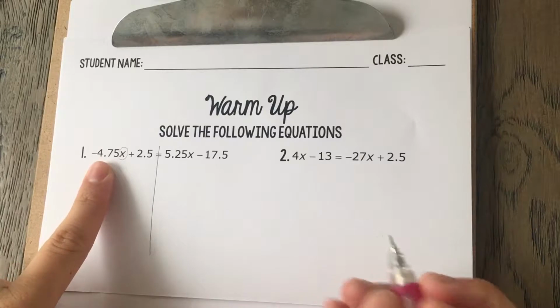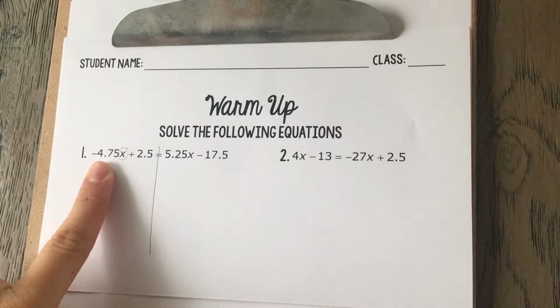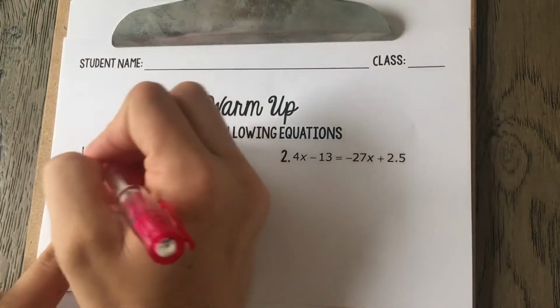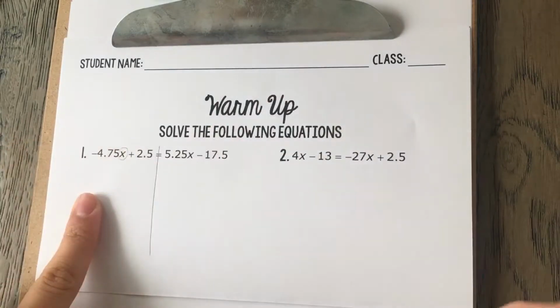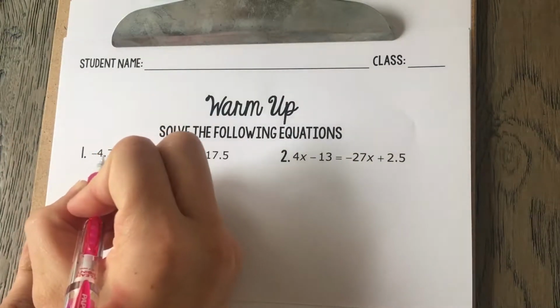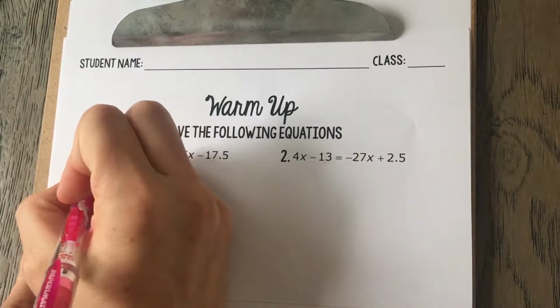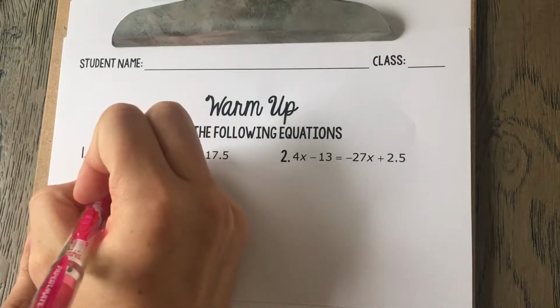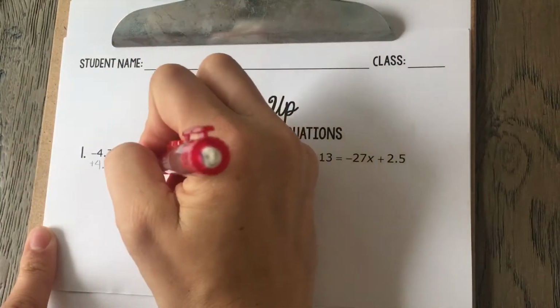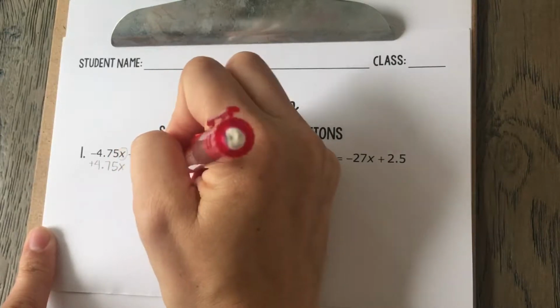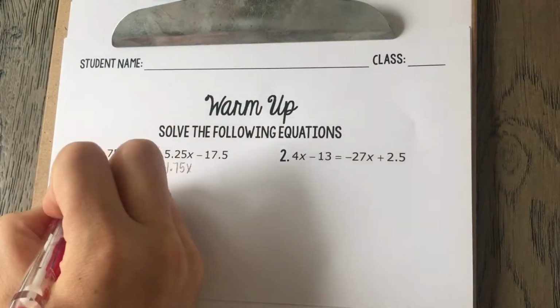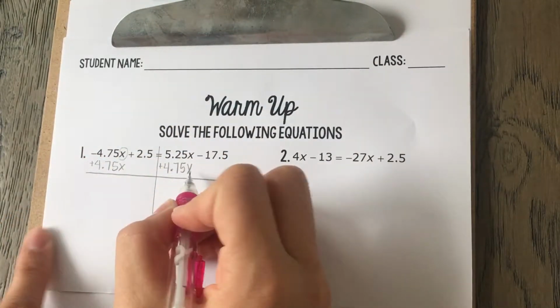So I'm going to start here, and I need to perform an inverse operation in order to get this x out of here. The opposite of a negative is a positive, so I'm going to add 4.75x on both sides. Notice I'm writing the x underneath my other x so I don't get confused.